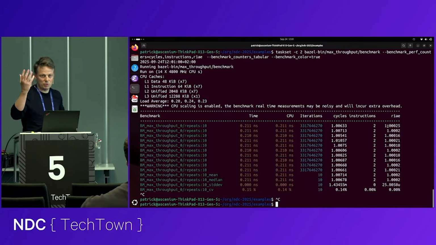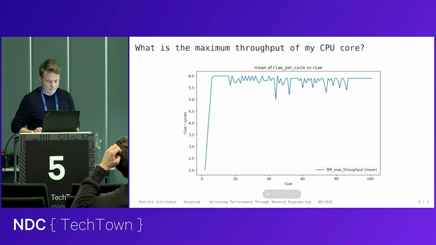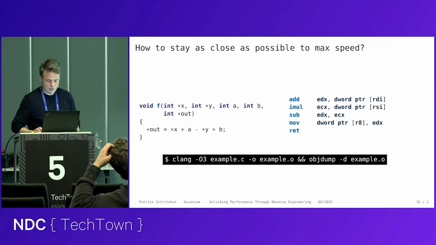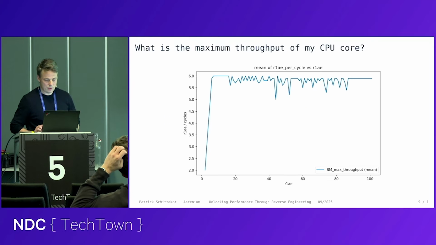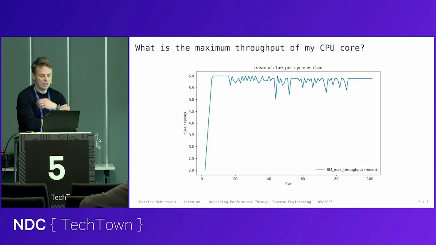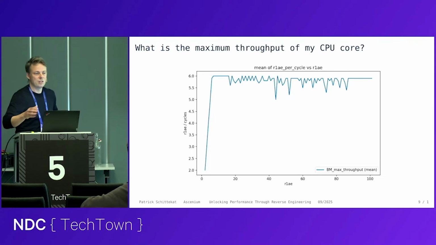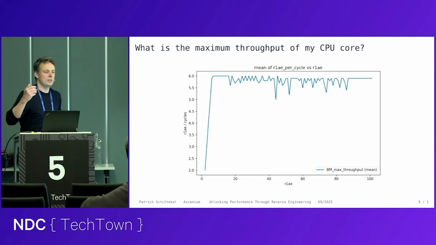Correct? Yeah, that's what we had found before. And then this is already the next slide. Okay, so the maximum throughput is 6 on average. So now we are doing 6 micro ops, and that's in a way the real bound on the speed of the core of this Meteor Lake performance core.